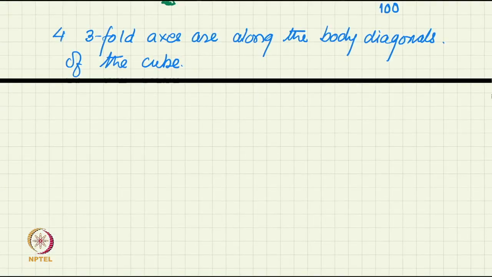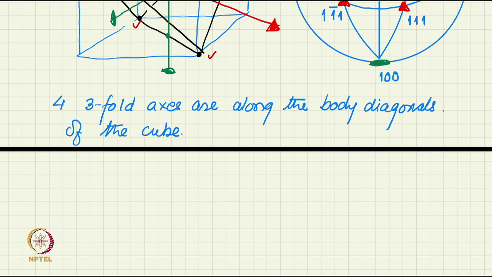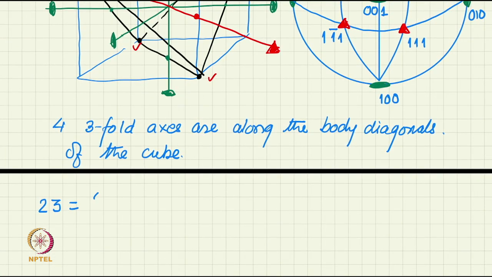So, now you can write the operations of this group. So, the 2 3 group, how many operations does it have? Let us look at it carefully.